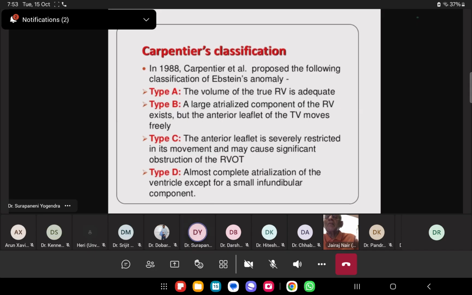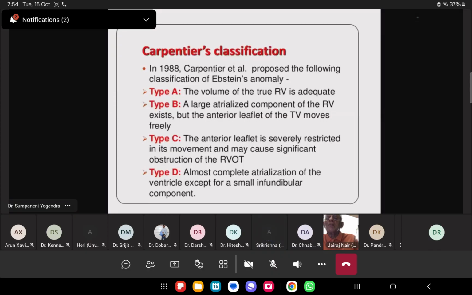Carpentier's classification. In 1988, Carpentier et al. proposed the following classification of Ebstein's anomaly. Type A: the volume of the true RV is adequate. Type B: a large atrialized component of the RV exists, but the anterior leaflet of the tricuspid moves freely.